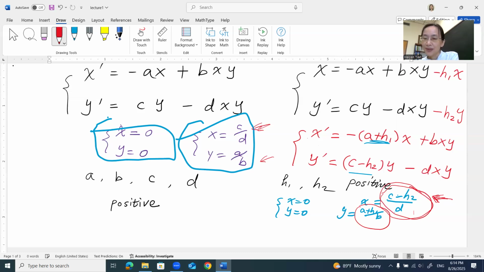And for the prey population, if you have a periodic solution, the average will be this one, which is higher than the average when there's no harvesting.